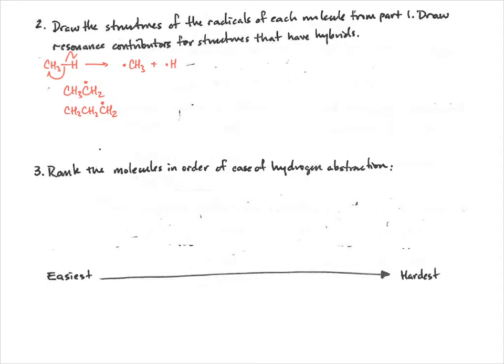So the other thing I want you to be cognizant of, cognizant means aware. So look how many things are bonded to this carbon, to this carbon, to this carbon. Should there be a formal charge on a carbon radical, yes or no?